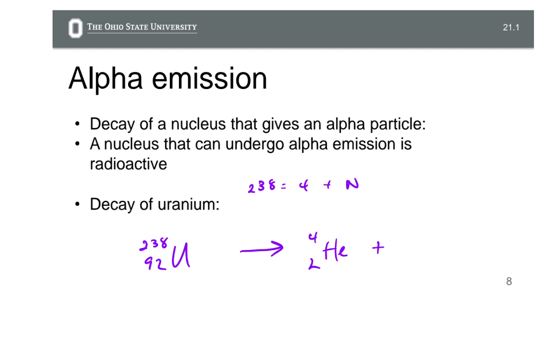What's that number have to be? 234. I'm starting with the mass number and atomic number, and we'll write in the symbol at the very end. And then for our atomic number, we're going to have 92 equals 2 plus some number, which is 90.